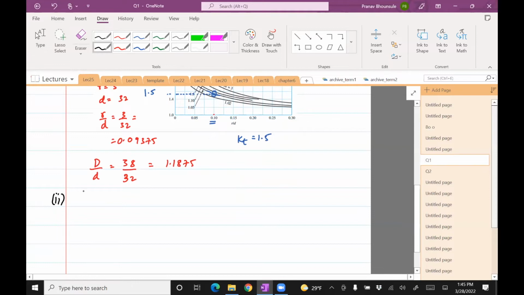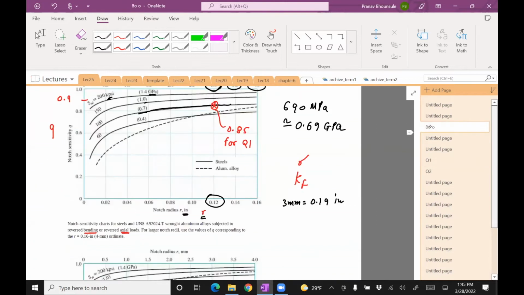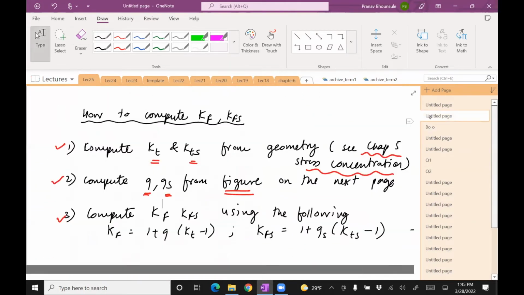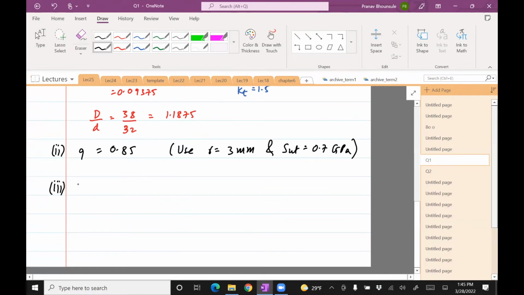Step 2, we have Q is 0.85. Use r equals 3 mm, and SUT is 0.7 GPa. Okay, in step 3, compute KF and KFS by using this formula: 1 plus Q times (KT minus 1).